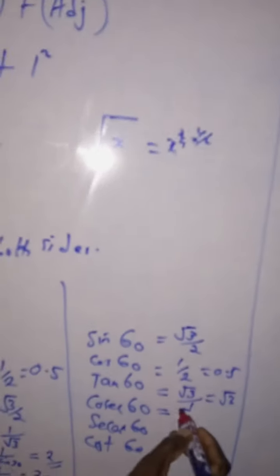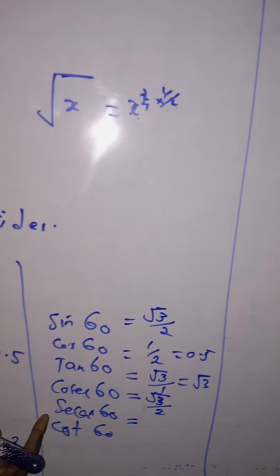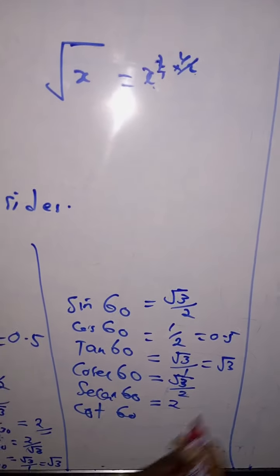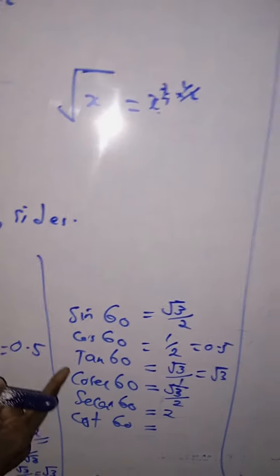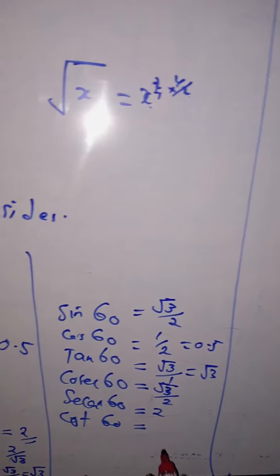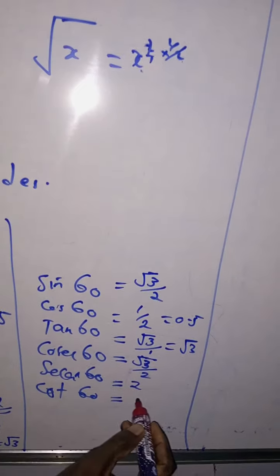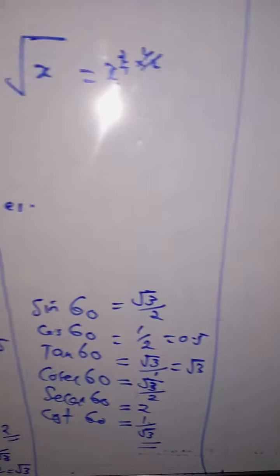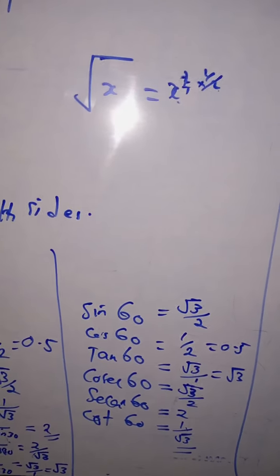So it will be root 3 over 2. Cosec, reciprocate this, so that will be 2. Cot, reciprocate tan, so it will be 1 over root 3. So that's how to use all this when you are asked to use the surd form.